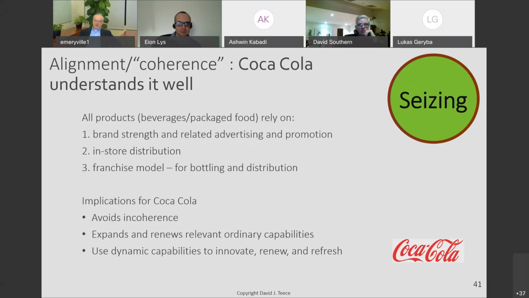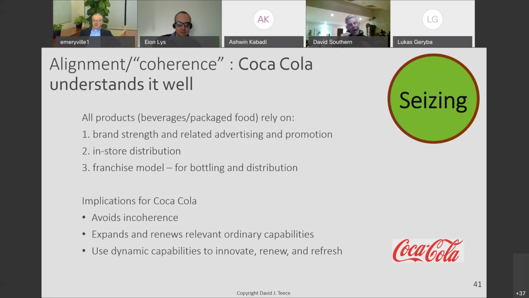Coca-Cola doesn't advertise these things, but if you stand back and look down at Coca-Cola from 10 miles in the air, you'll notice everything is built around brand. It's built around in-store distribution. There are Coke machines and so forth, but that's still a mini store.